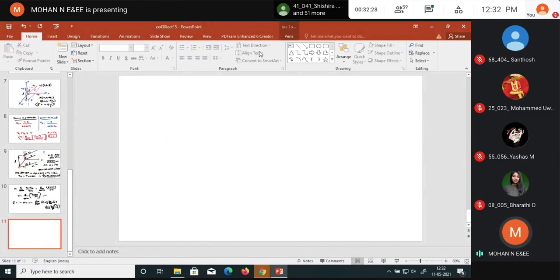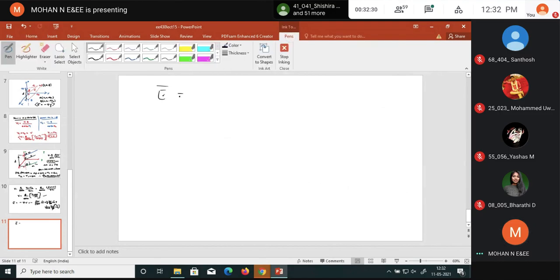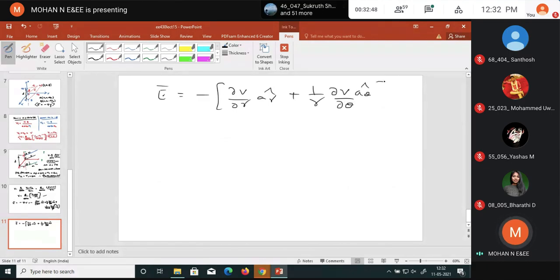So E vector is equal to minus of ∂V/∂R A_R cap plus 1/R ∂V/∂θ A_θ cap.